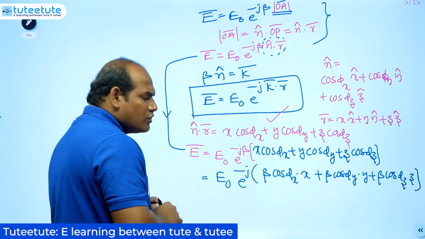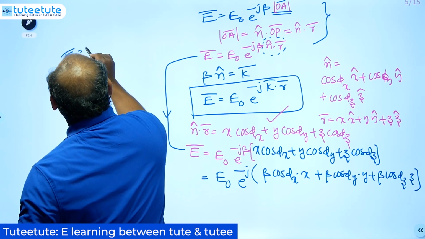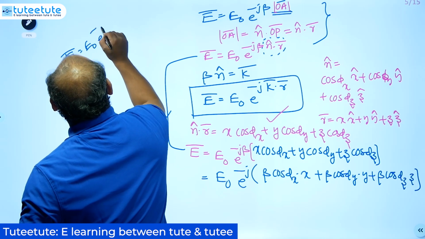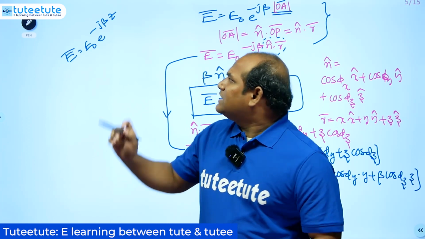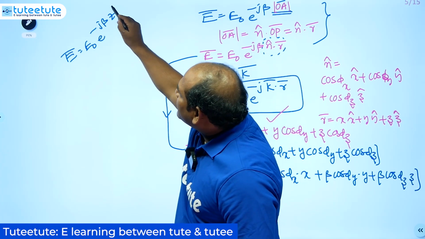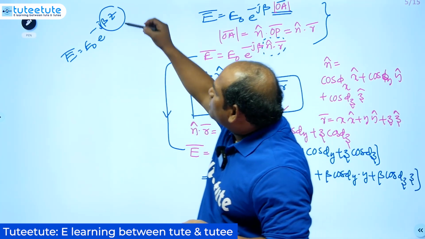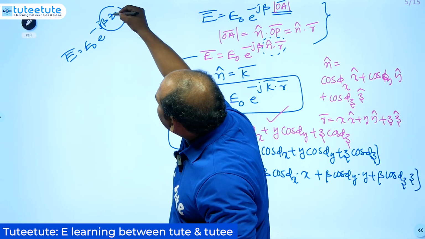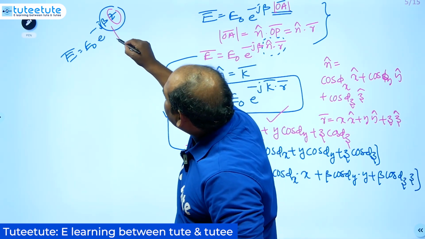Now you see the general representation. If the wave is traveling in z direction, e power minus j beta z will give this. After j, radians are required. Only phase must be there. Z is the distance in meters, so the remaining part, the phase constant, has the units of radians per meter.